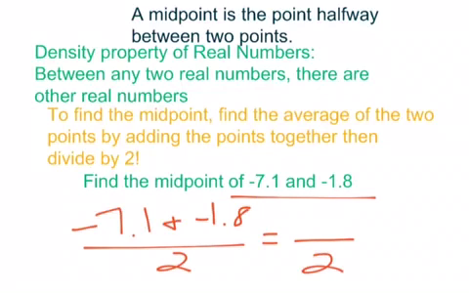You should have gotten negative 8.9. Then negative 8.9 divided by 2. So type that in your calculator. Tell me what you get.